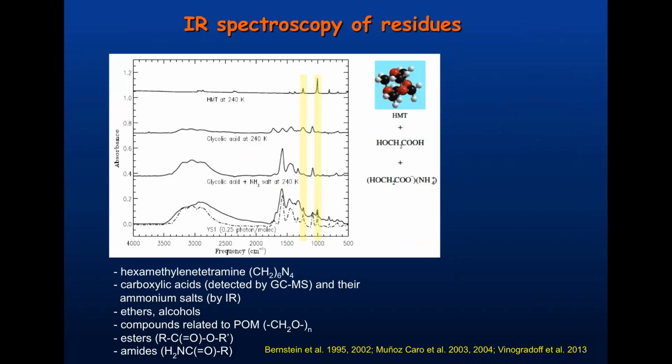So then I should go back to about 20 years ago, where the presence of the first nitrogen heterocycle in these ice experiments was inferred in the infrared by the two bands that are marked with yellow lines, and that is hexamethylene tetramine. So there are 6 CH2 groups and 4 nitrogens in the molecule. So spectroscopically, we observe that it should be one of the residue components.